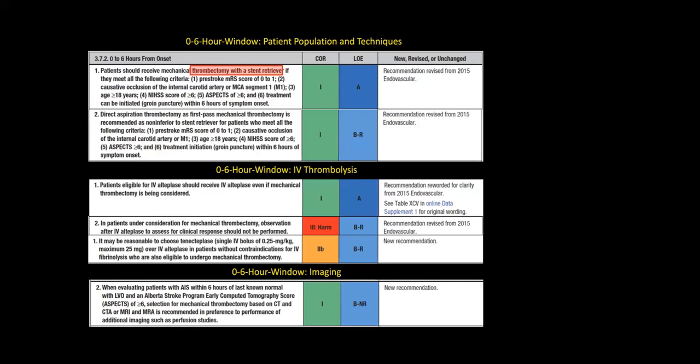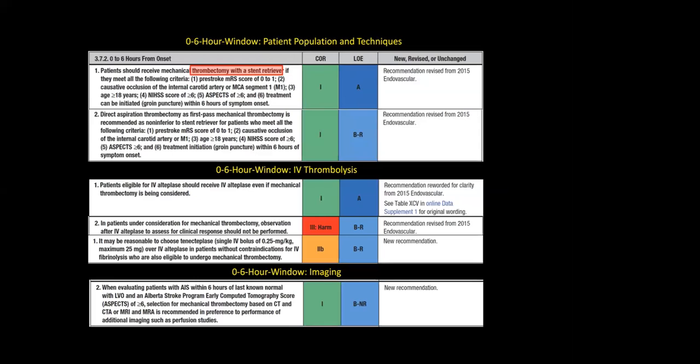So this is some of the patient population and technique within 0 to 6 hours. Patients receive mechanical thrombectomy with a stent retriever if they meet the following criteria: a pre-stroke mRS of 0 to 1, a causative occlusion that is proximal, age of 18 or more, NIHSS of 6 and above, ASPECTS of 6 and above, and treatment that can be initiated within 6 hours from symptom onset.